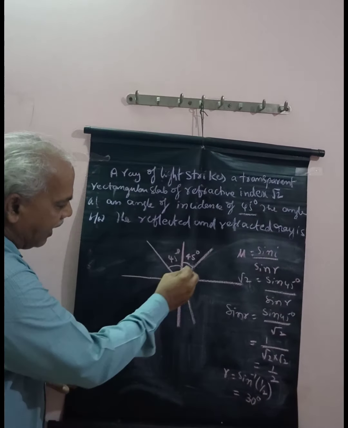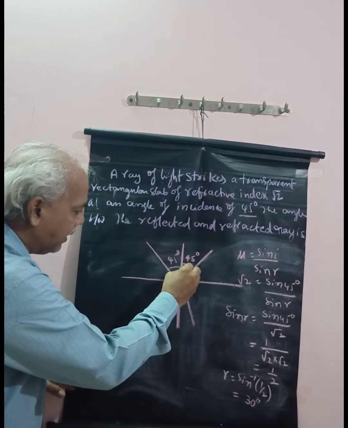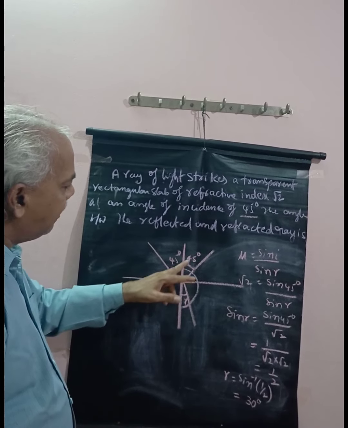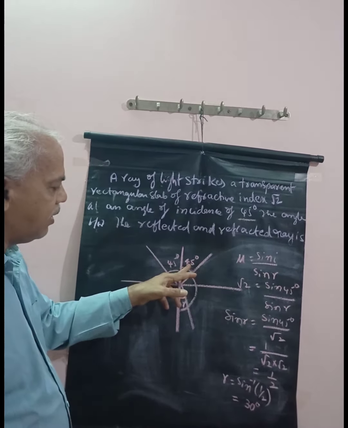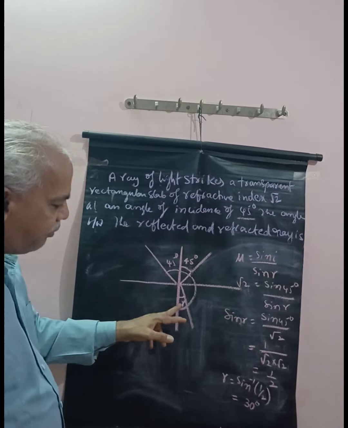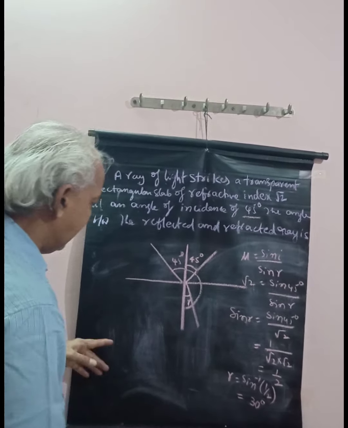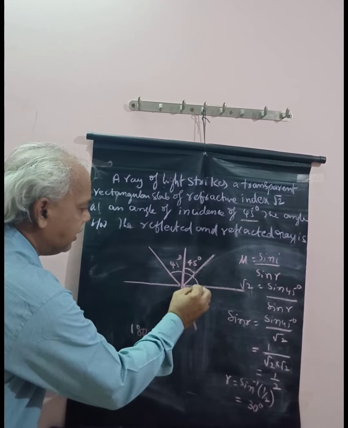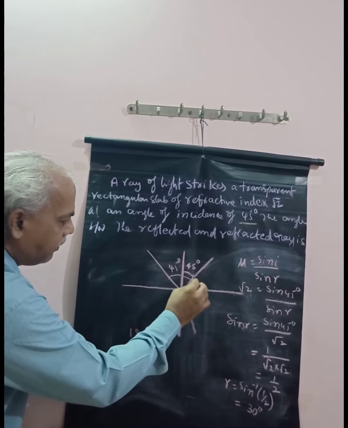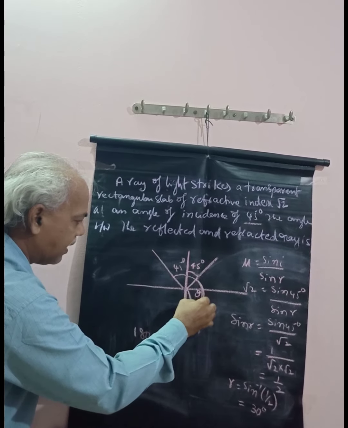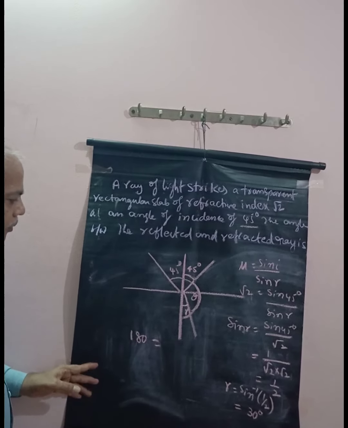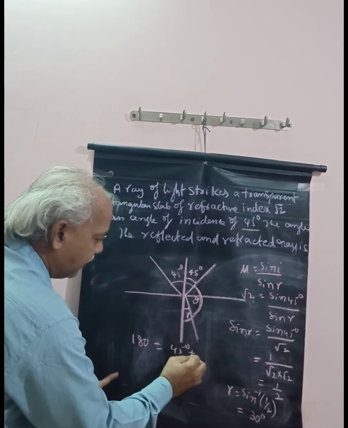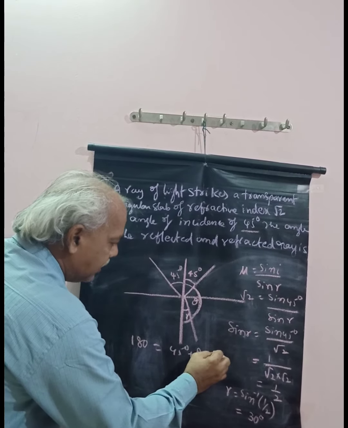So the angle of refraction is 30 degrees. Here this line makes 180 degrees. In this 180 degrees, the angle of reflection is 45 degrees and the angle of refraction is 30 degrees. Say the angle between the reflected and refracted ray is theta. Then 180 is equal to 45 plus theta plus 30.